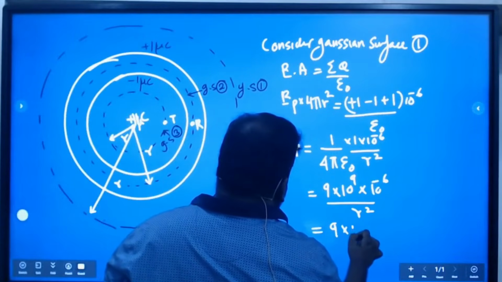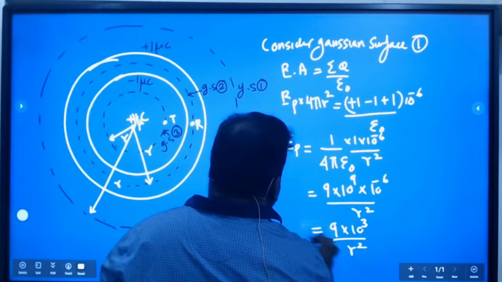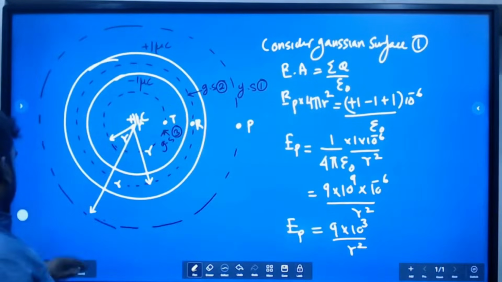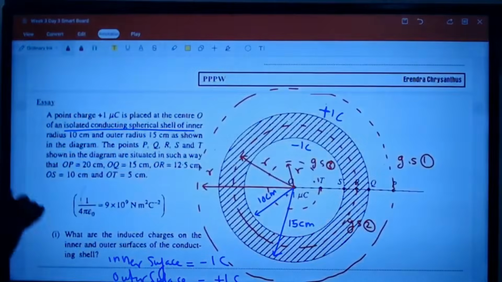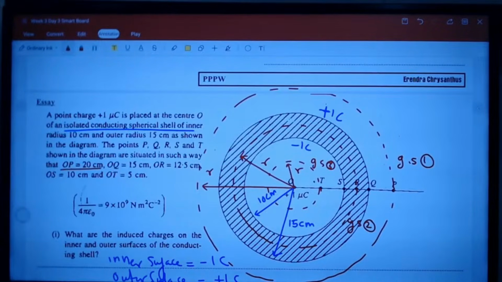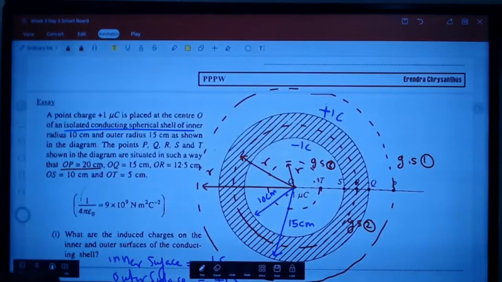Here 9 times 10 to the power 3 divided by r squared. The OP distance is given, 20 centimeters.